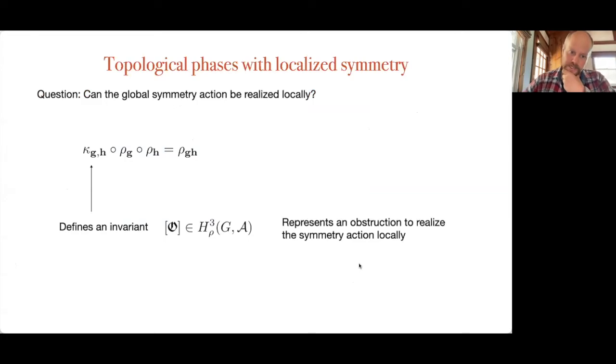There is an obstruction to doing that, and it's valued in H3 of G, valued in the abelian anyons. So A are the abelian anyons of our fermion modular tensor category that we're trying to build a G-symmetric version of.